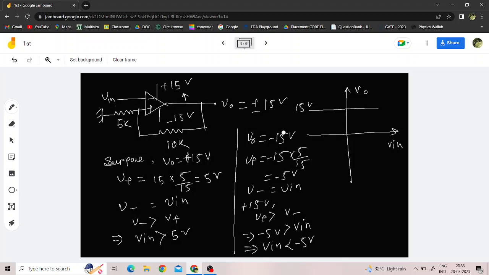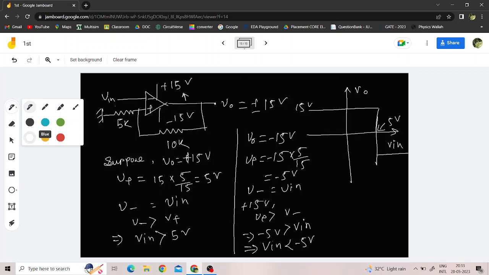When the input is greater than 5 volt, the output switches from plus 15 to minus 15 volt, and this point is 5 volt. In the other case, the output is minus 15 volt, and when the input goes below minus 5 volt, then the output changes to plus 15 volt.